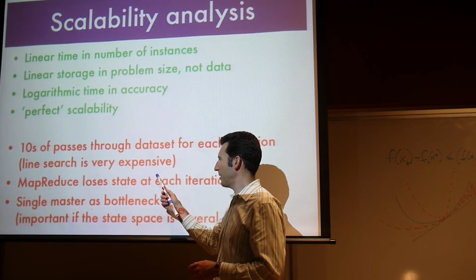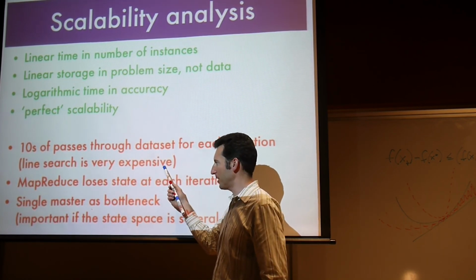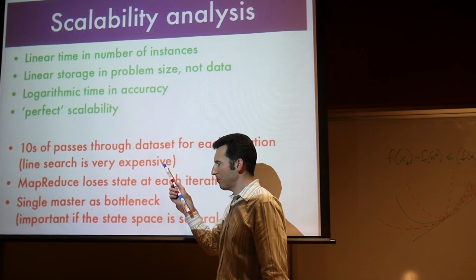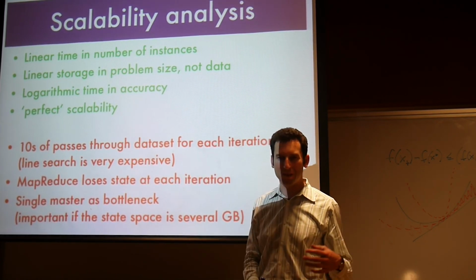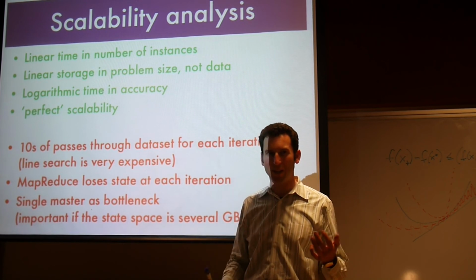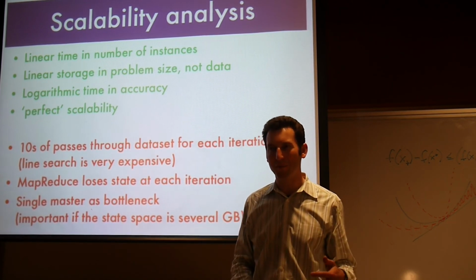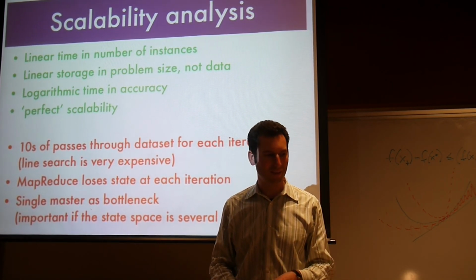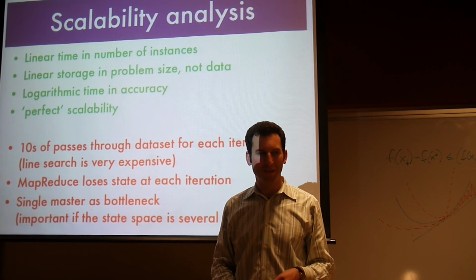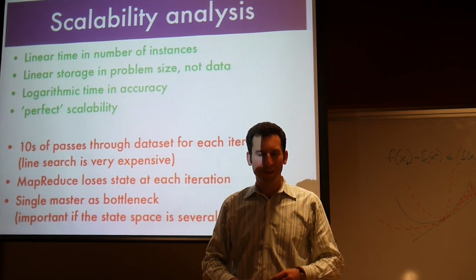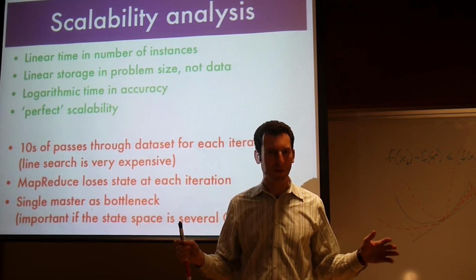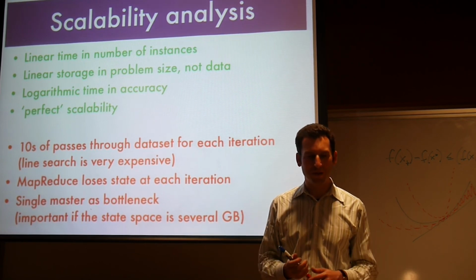But we need that many passes for each of the line searches. MapReduce is actually horrible insofar as it loses state, because you don't even have any guarantee that the same mapper is going to touch the same data again. We have a single master as a bottleneck. On top of that, it's going to be the slowest machine of all the mappers that determines how slow your algorithm goes.